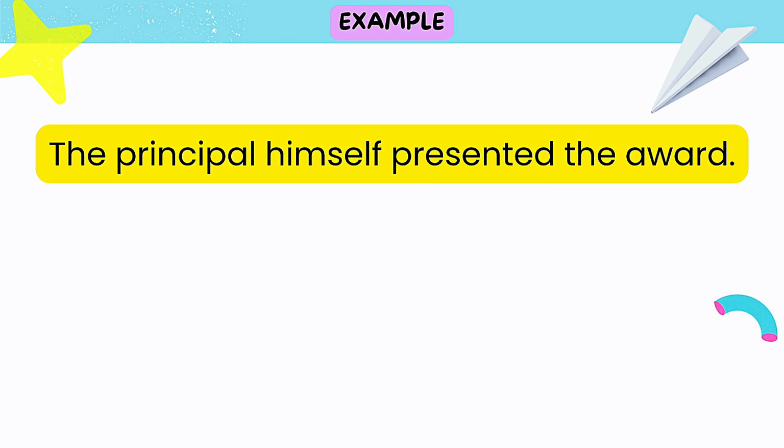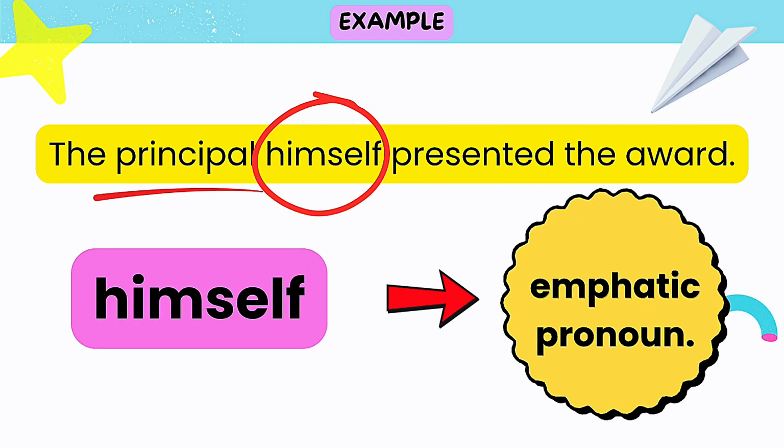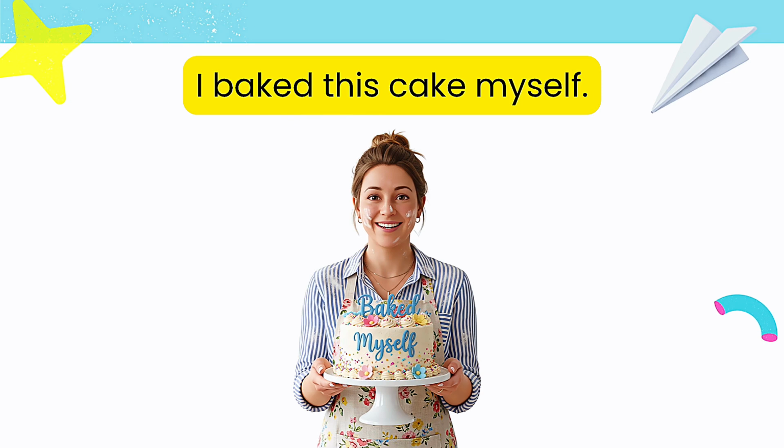Look at this sentence. The principal himself presented the award. The word himself gives extra emphasis to the principal, so himself is an emphatic pronoun. Another example: I baked this cake myself.